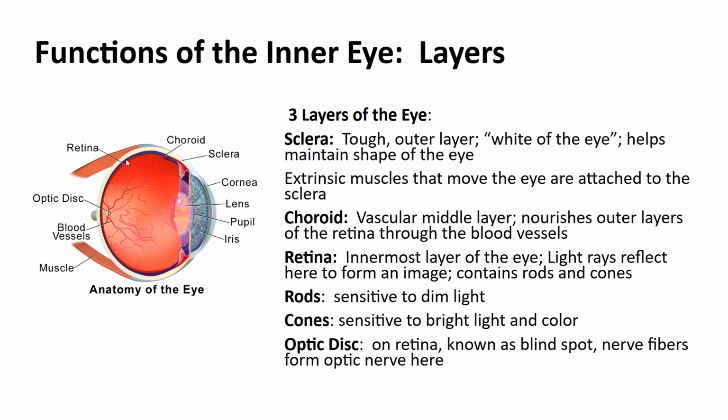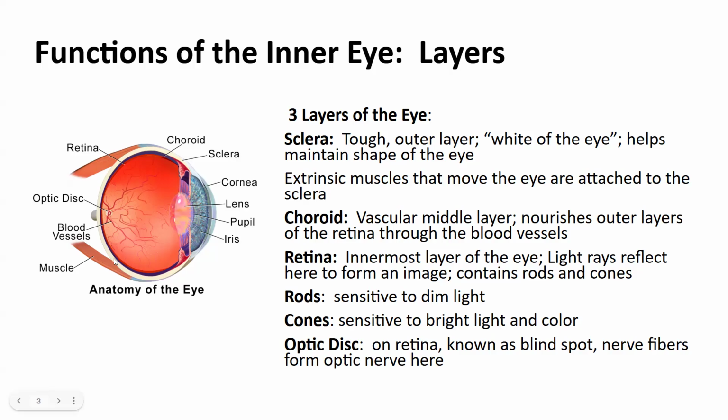And then you have the retina. This is going to be this big red circle here. This is going to be the innermost layer of the eye. Light rays do reflect in here to form images. So they contain the rods and our cones. Our rods and our cones are aligned on this back wall, kind of back here.